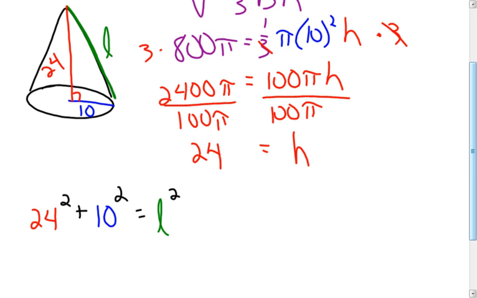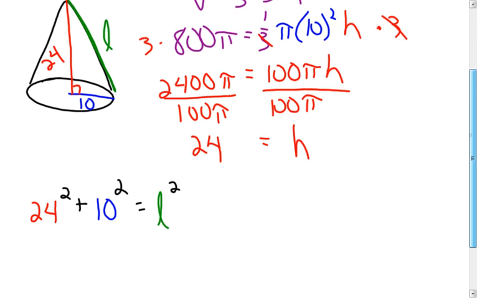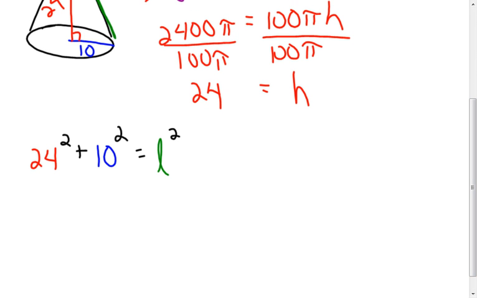Now I'm going to solve this equation for L, which just means I have to take 24 squared. That's going to be 576 plus 10 squared, which is 100. Add those together, end up with 676 equal to L squared.